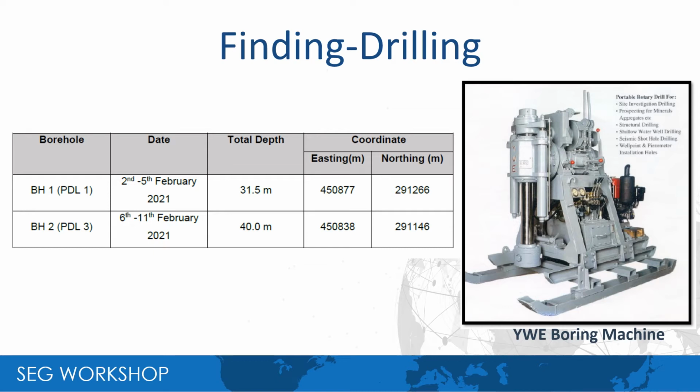We managed to get budget for only 2 boreholes, and then we conducted the drilling until 30.5 meters, and for the second one, the deeper part, we put in around 10 more meters to make sure whether we can capture hot spring or just normal spring.